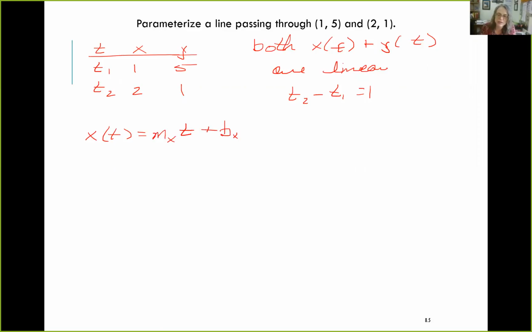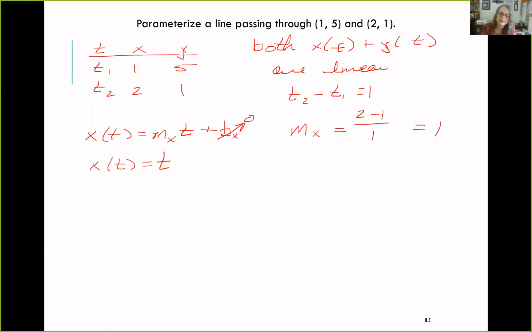Okay, so we can find the slope. M sub x is 2 minus 1 over t2 minus t1, which is 1, so that's just 1. So x of t is going to equal t. And we're going to pick this, and we're going to say that this guy is 0. So we're just going to make x of t equal t. No big deal.